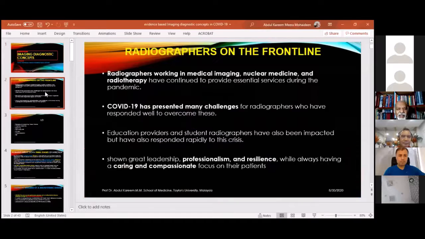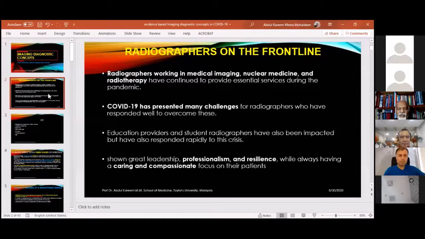Really, I will give a great salute to my staff, especially all radiologists and radiographers who were on the front line. When people suffer, we are the ones to go forward, to mingle with the people, to take care, be compassionate to them, and face the challenges from the patients.